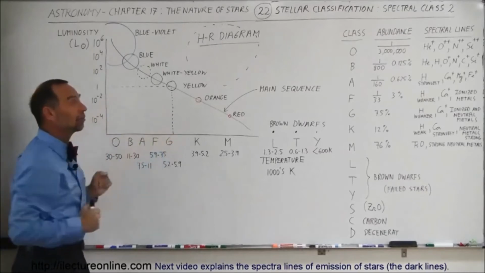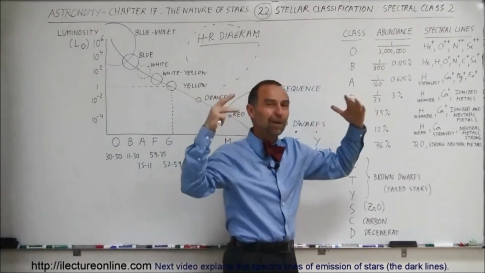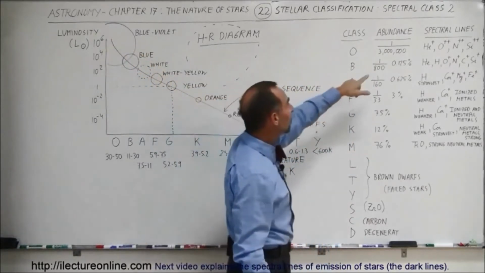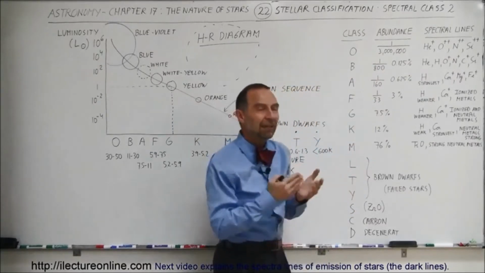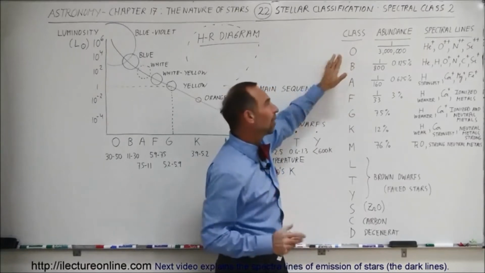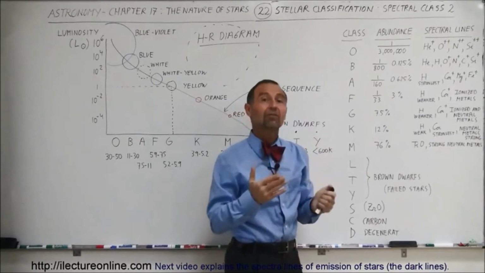that will enable us to differentiate between the different classes. For example, the O-class star, the very hot, very big blue hot stars that are up in the upper left corner of the main sequence, the abundance of those is about 1 in 3 million. So roughly 1 in every 3 million stars is an O-class star. So they're very, very rare. They're very large stars. One of the reasons why they're so rare is because they don't last very long.